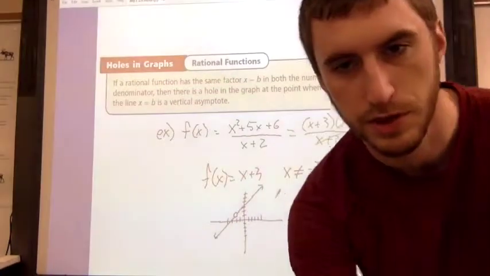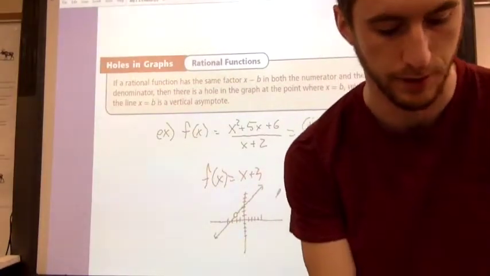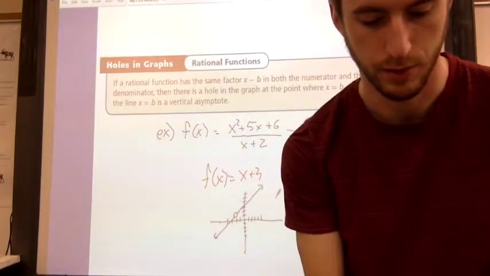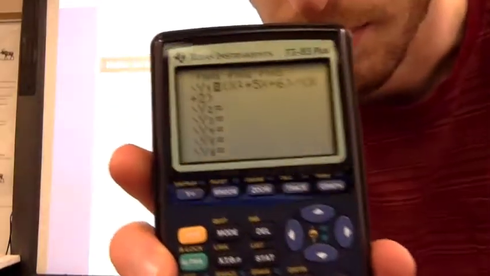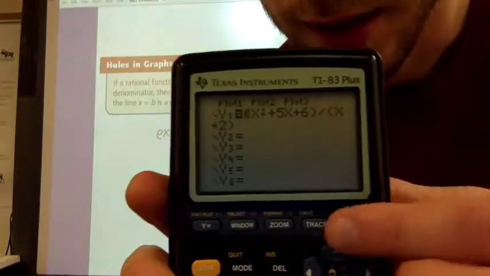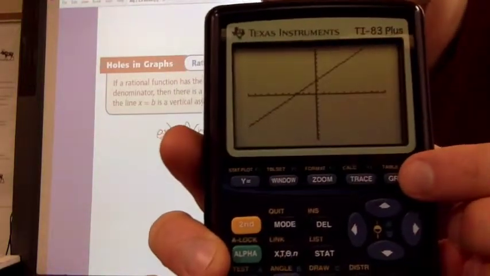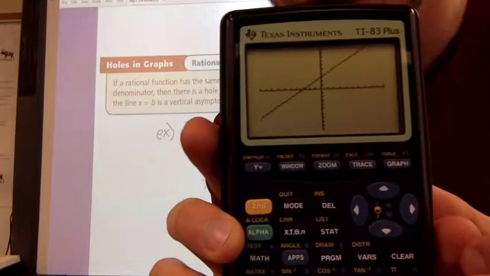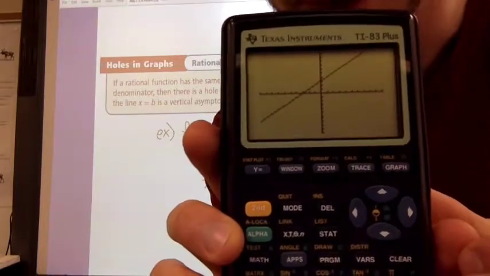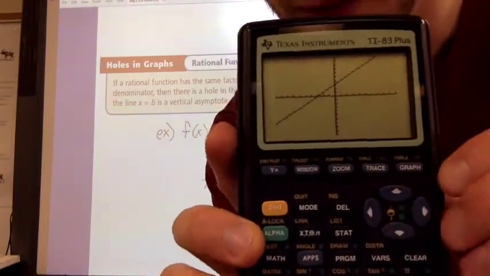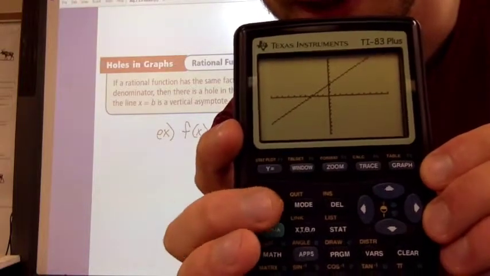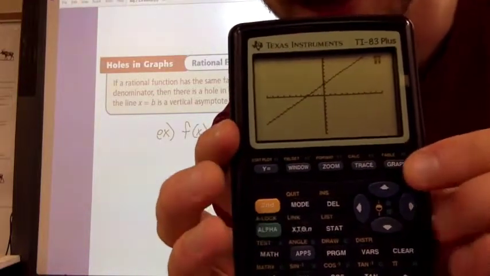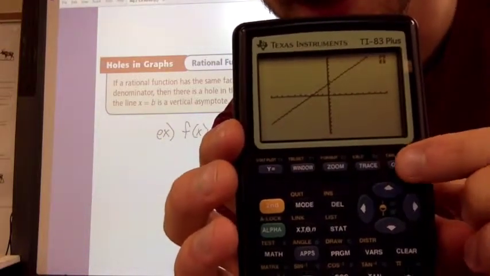Okay? Let me show you what this looks like on a graphing calculator. So I entered in my original equation, and I'm going to graph that. And we get that nice little graph, just like the one that I drew. Okay? And then what you can do is you can press second, and then table right here.